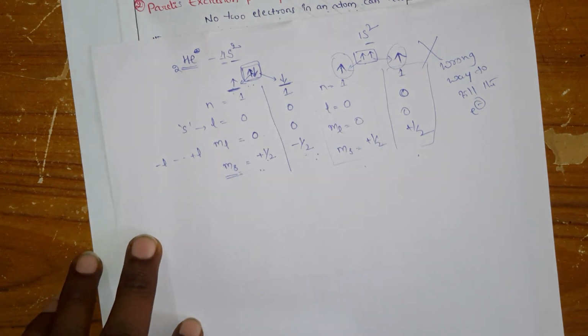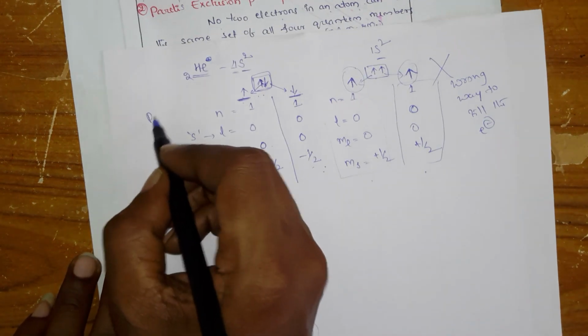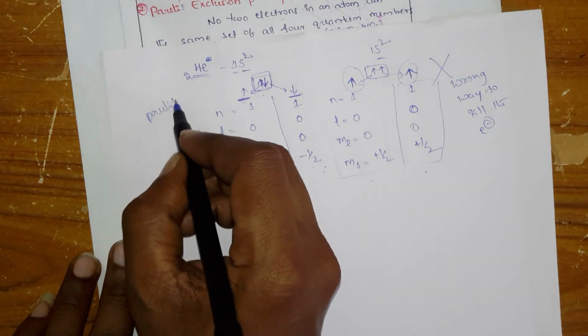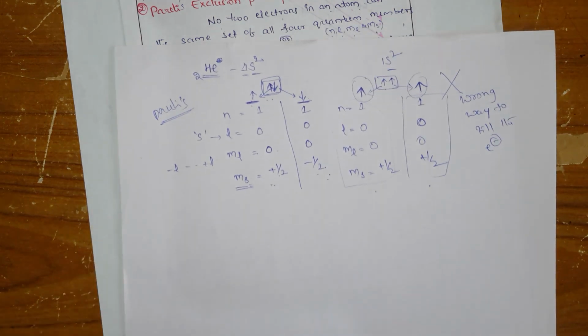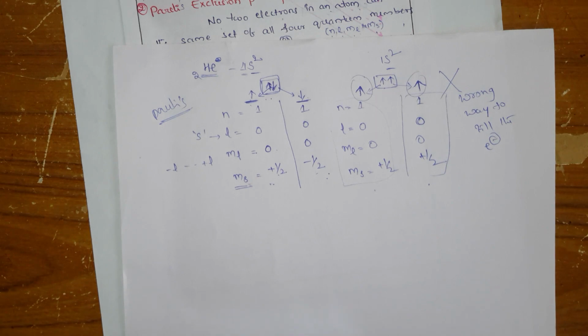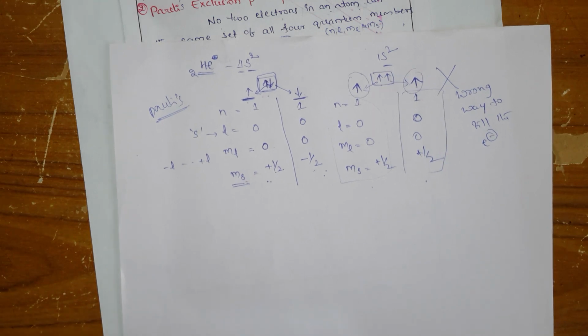That is according to Pauli's principle. You take not only helium, you take any atom, the four sets of quantum numbers should be different for each electron. Okay, like this.